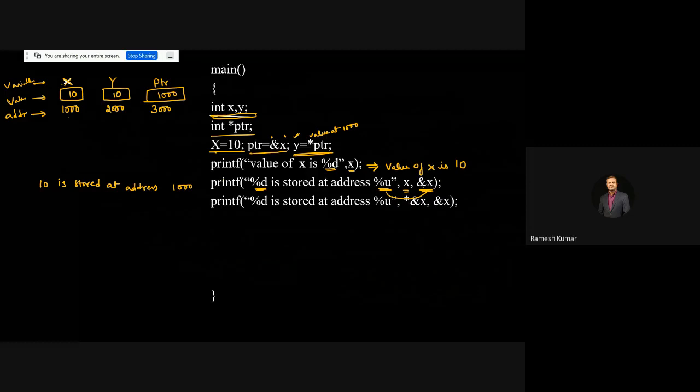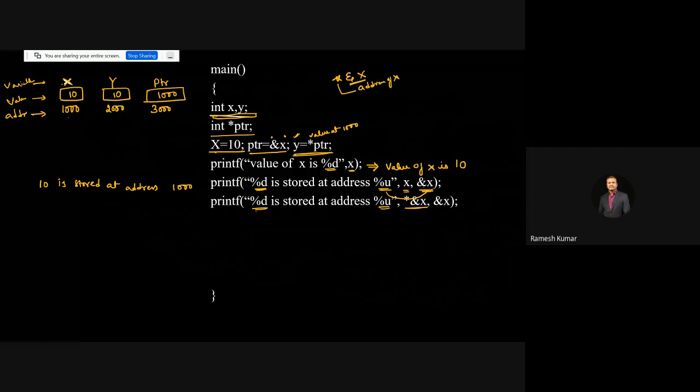Fine. Now, again, we have one more printf statement. Just think about the answer for this question. Printf: %d is stored at address %u. What is the first one? %d is representing star ampersand x. Look at star ampersand x. What is ampersand x? Address of x.